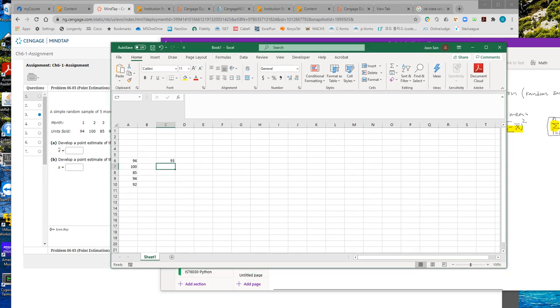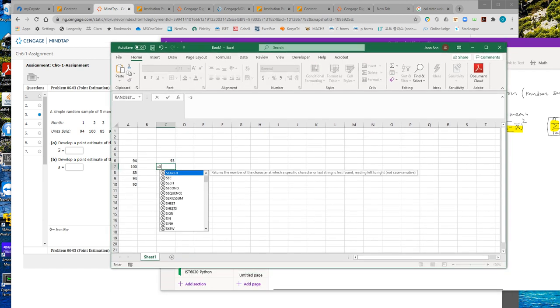Okay, so now the standard deviation. But you know what? This is a sample, so you should not use STDEV.P. Instead, you have to use STDEV.S. The S means sample.